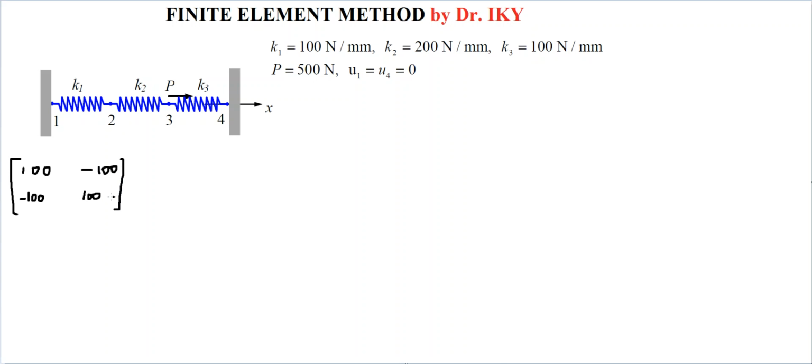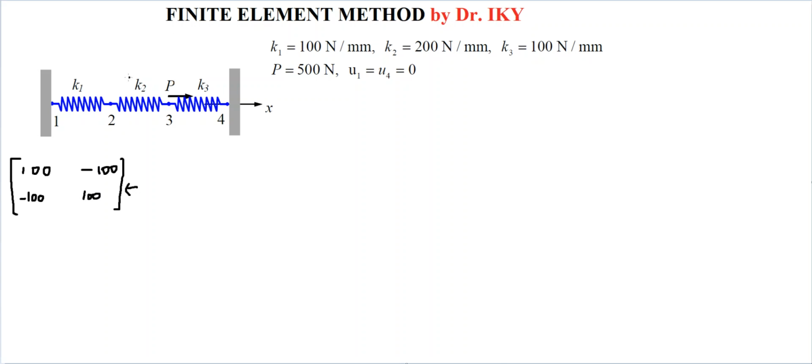This is the stiffness, Newton per millimeter. For the second one, K2, 200, minus 200, minus 200 and 200. For the third one, it is again this. It is equal.